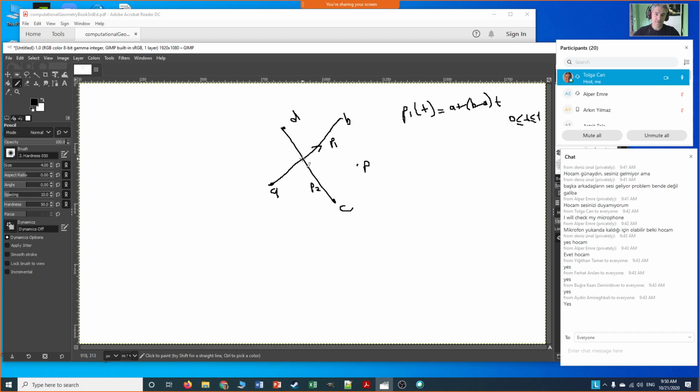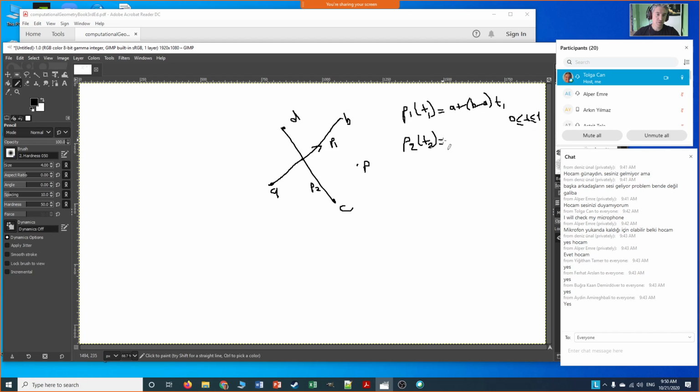In order to find the intersecting point, it's very simple: write P2. But here these two parameters T are actually two different variables, because if we use this T to parameterize the points on the line segment from A to B, we should call them T1 and T2 because they are two different things.